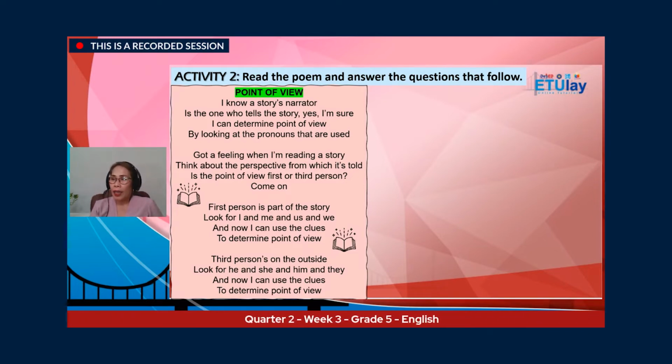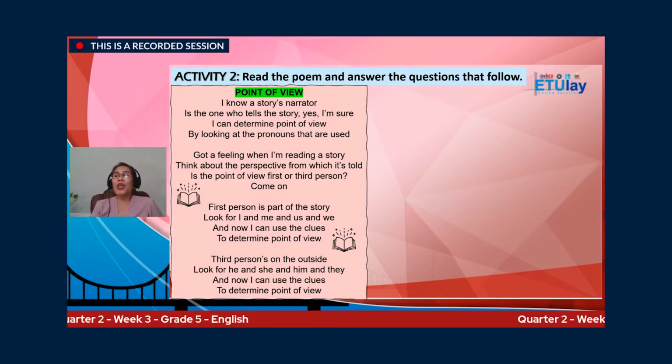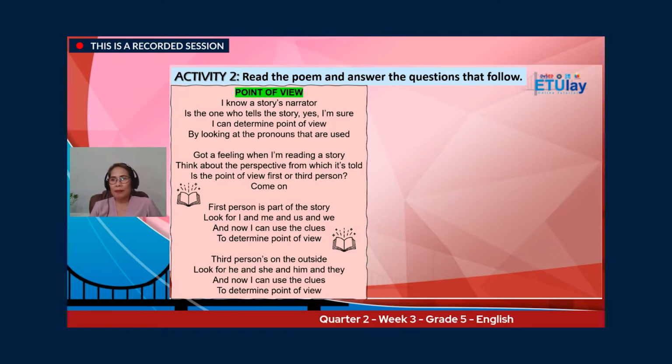Look for I and me, and us and we. And now I can use the clues to determine point of view. Third person's on the outside. Look for he and she and him and they. And now I can use the clues to determine point of view.